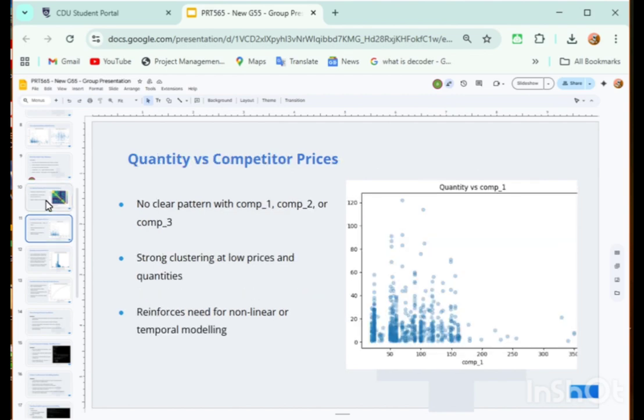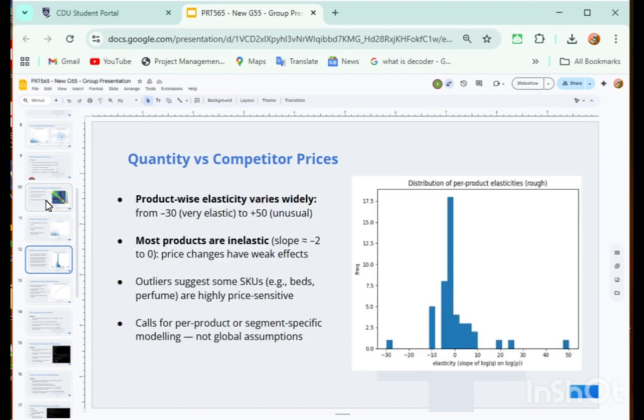So in the next slide, this is basically price elasticity. We explored the price relationship further by looking at competitor prices. The scatter plots confirm the low correlations. There was no clear trend to show that an external price shift immediately impacts our sale quantity. Then we estimated price elasticity across products.